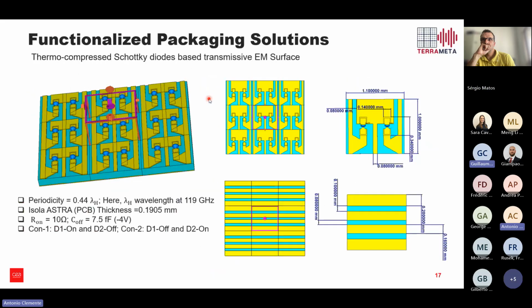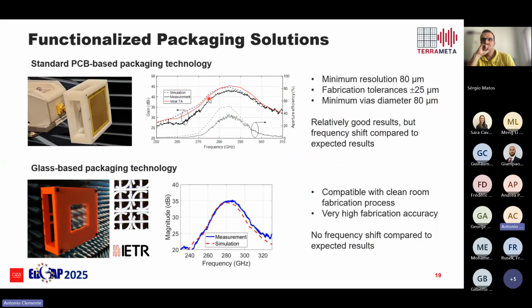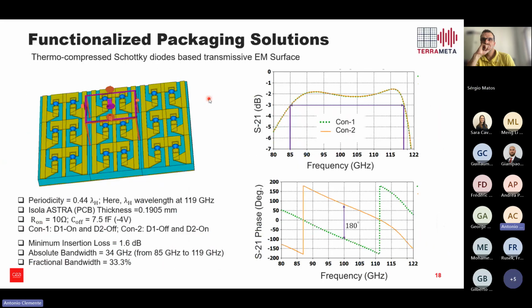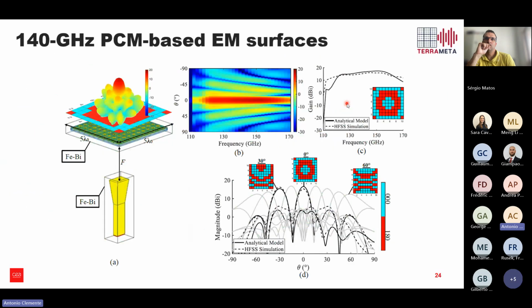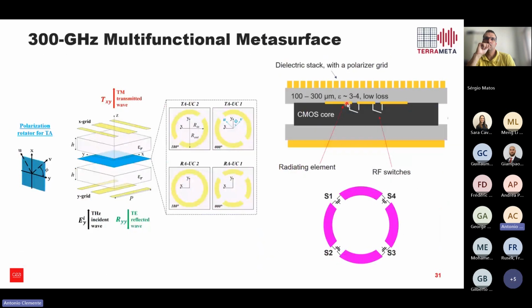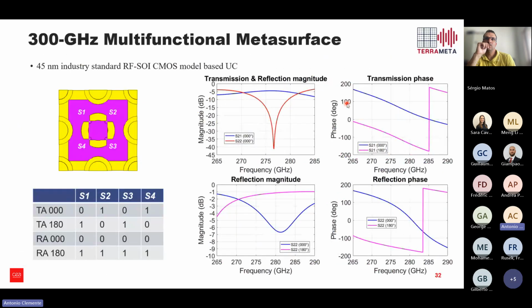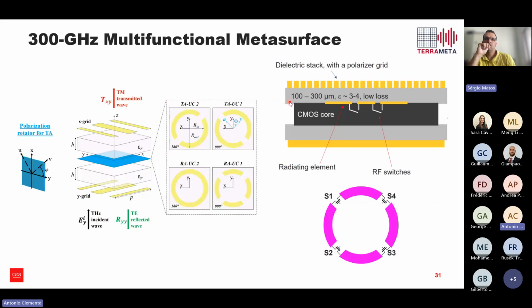In the case of reconfigurable devices, when we use the same philosophy as pin diodes, it is the same. You can have up to 20% of bandwidth, as in this case. But when we start to use CMOS technology, I forgot to tell you that this technology is RF-SOI 45 nanometer from GlobalFoundries.